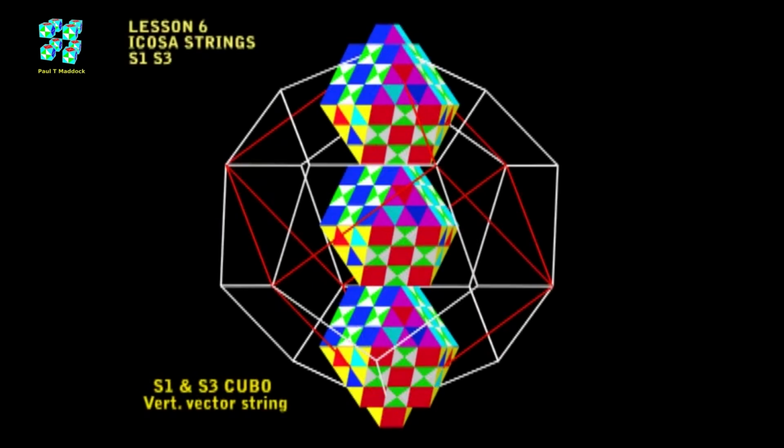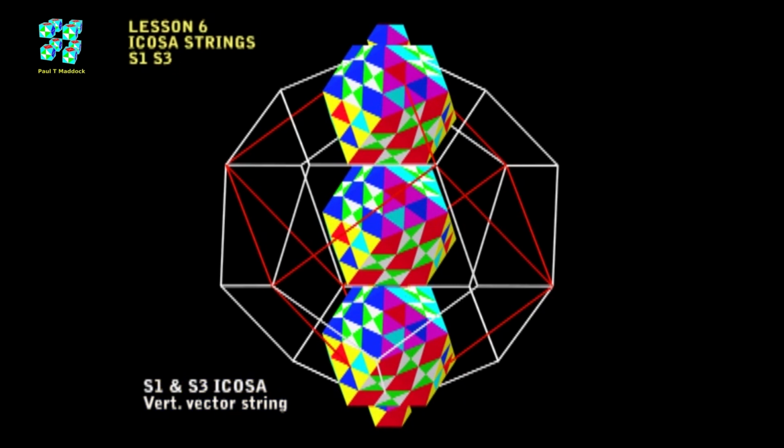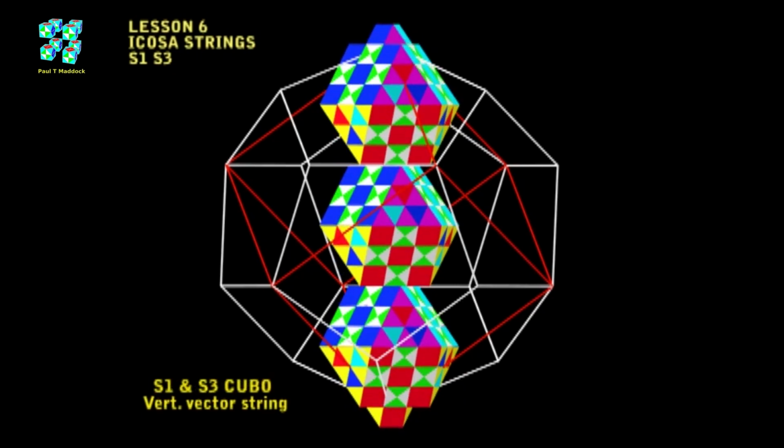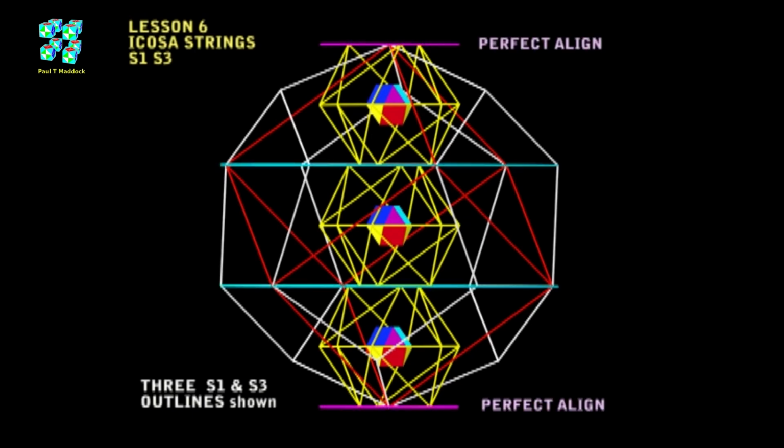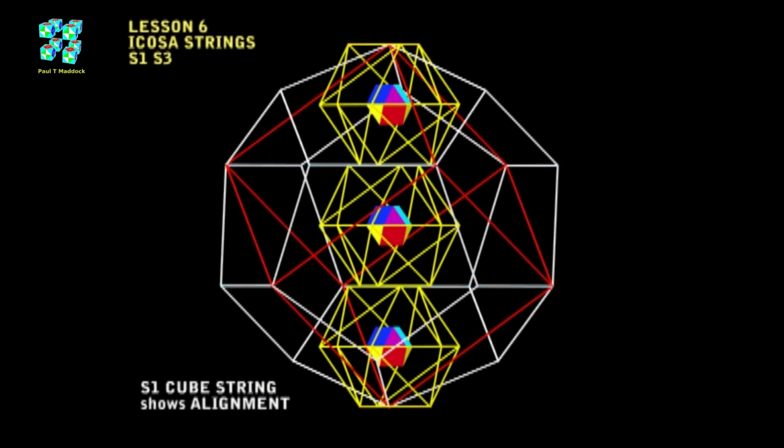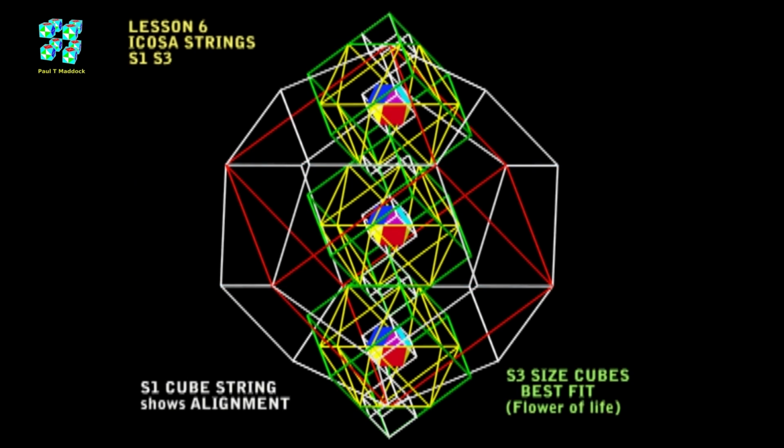Now we can move on to lesson 6. In this lesson, lesson 6, it shows that the size 1 can also be a size 3, and I show it morphing to the outlines and to the cubes, and you can see it splits into 3 sections.